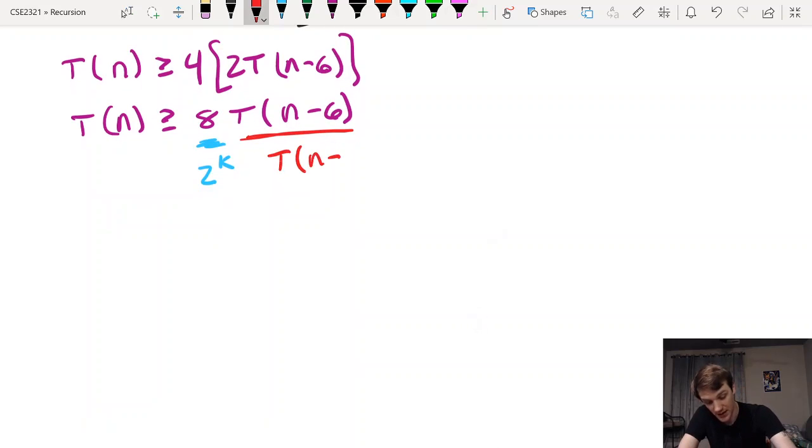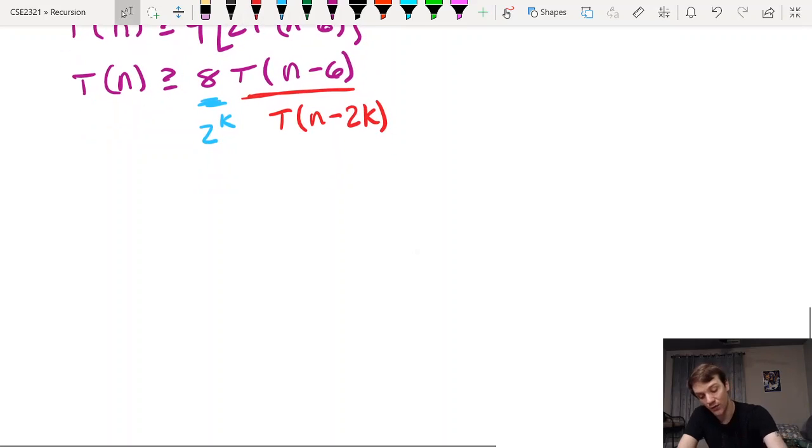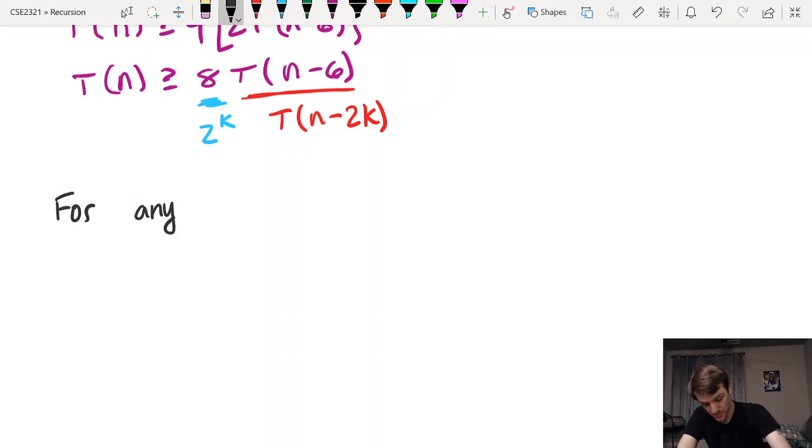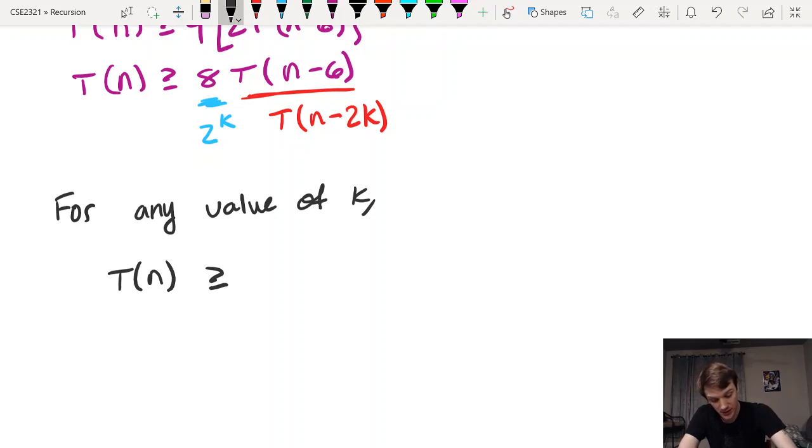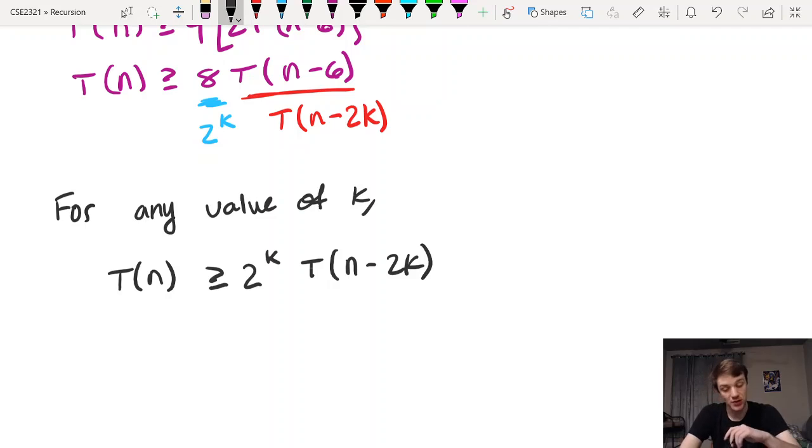So that looks like t of n minus 2 times k. So for any value of k, we have t of n is greater than or equal to 2 to the k times t of n minus 2 times k.